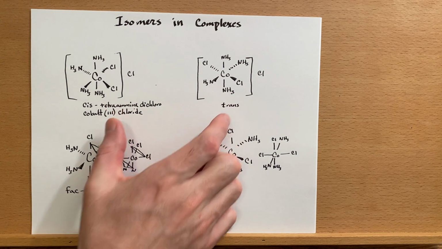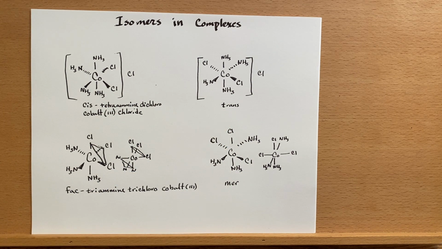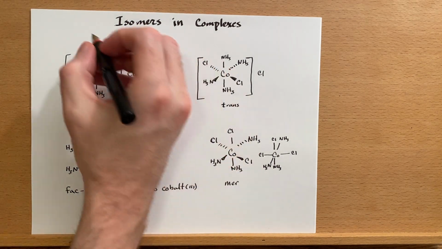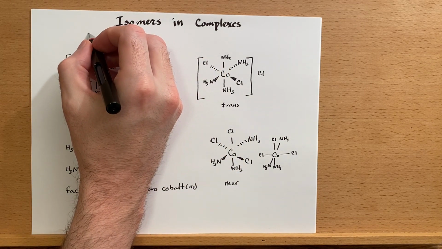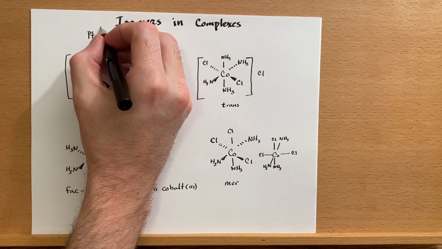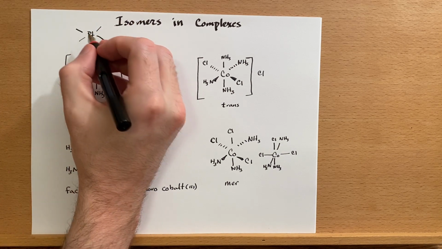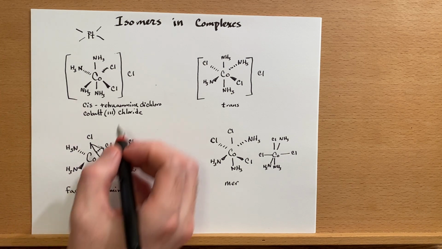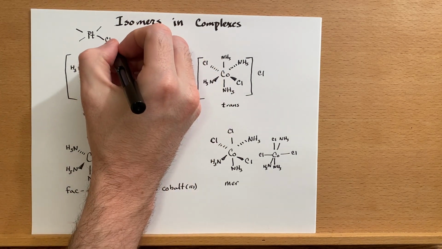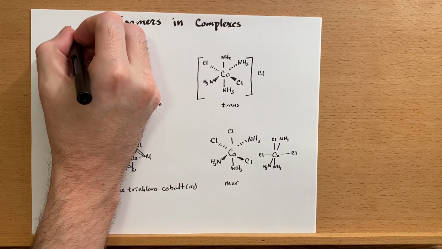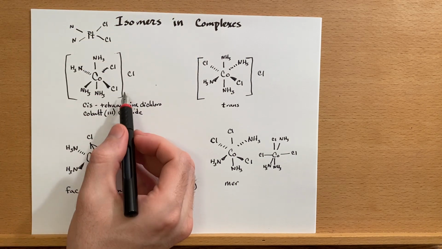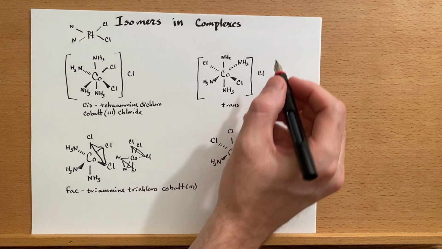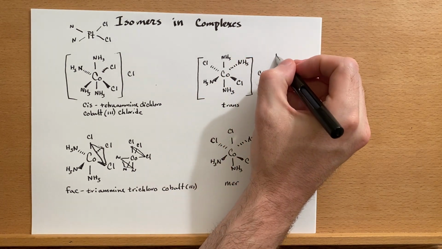Cis and trans are also possible when we have square planar complexes, such as when we have a platinum complex. Now, this is square planar, so it's just one plane, and you can have a complex that looks like this, where they're on the same side, and you can also have the platinum with the trans.